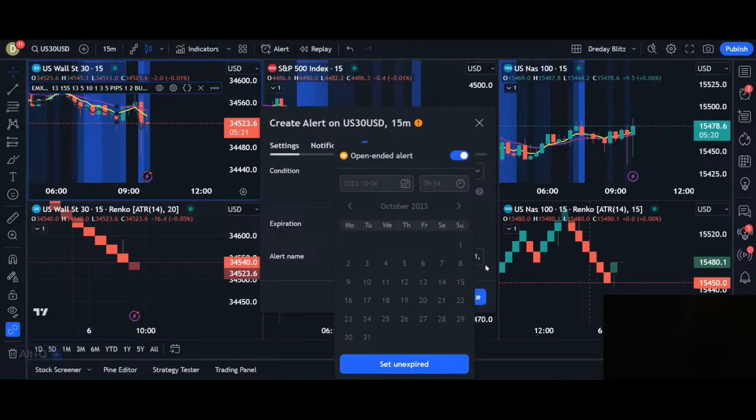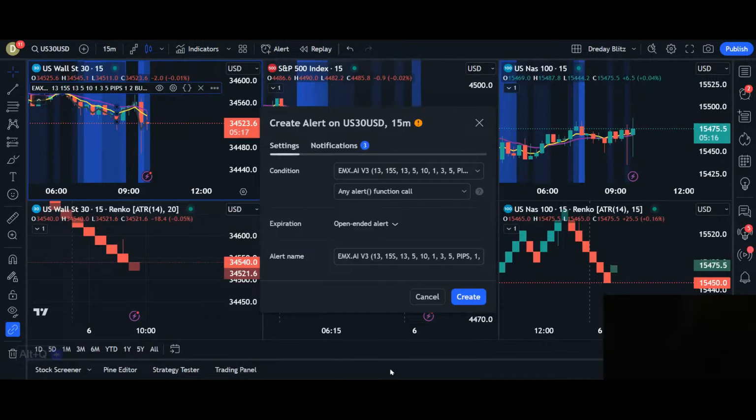That way it's not going to expire. Then you put the alert name. Usually I put something like US30 15-minute alert. So you put the name that you want.